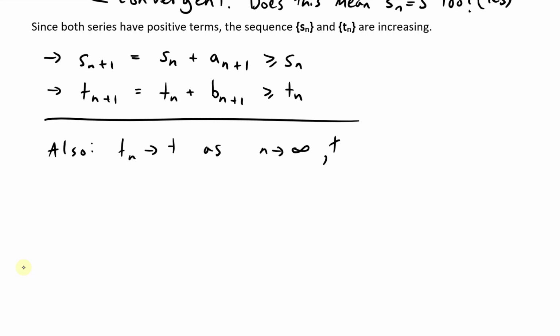Thus T_n is less than or equal to t for all n. So this is bounded. It's always going to be less than this number t, because we know it's convergent.